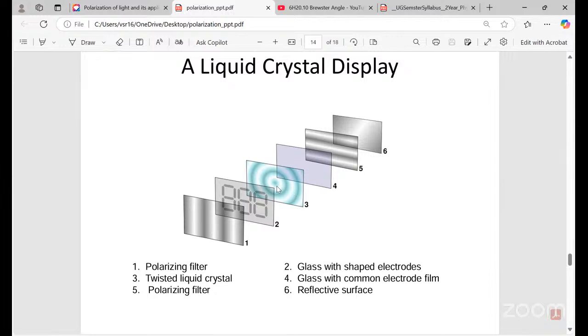Fourth, glass with common electrode film. Fifth one is the polarizing filter. Sixth is the reflective circuits. So an LCD contains all these six.